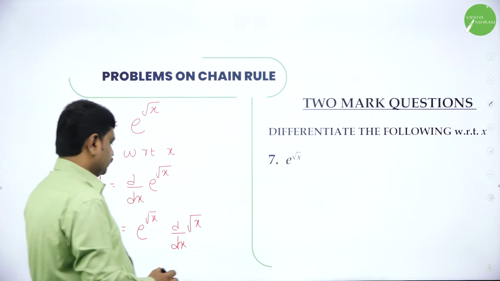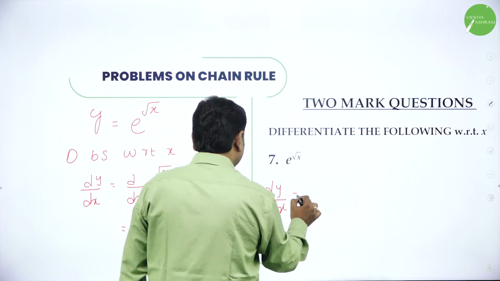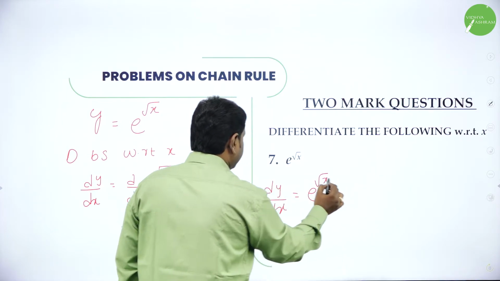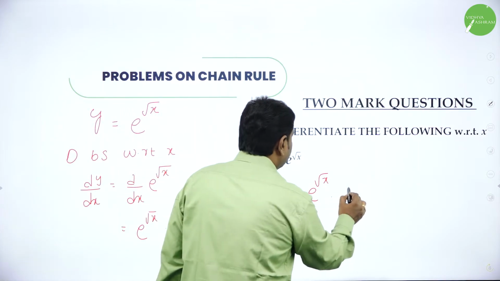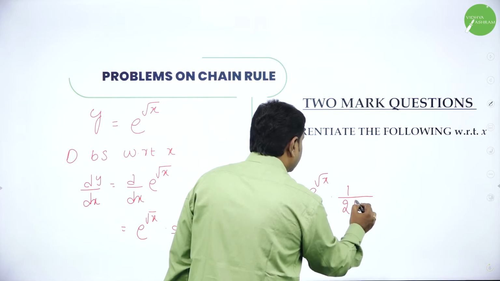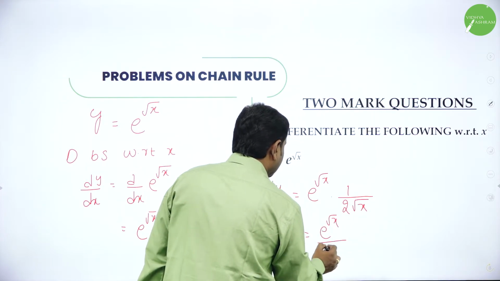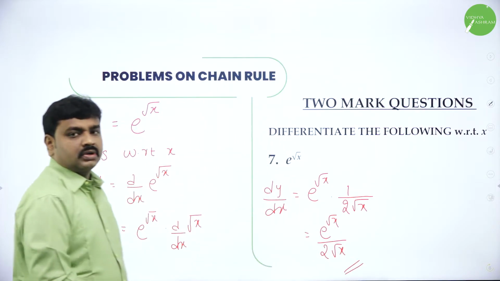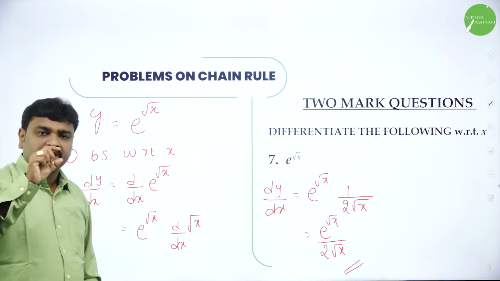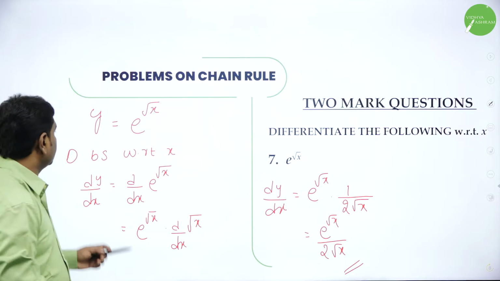Further simplified, dy by dx is equal to e power root x into, what is d by dx of root x? All of you know differentiation of root x is what? 1 by 2 root x. So multiply this, numerator becomes e power root x, denominator becomes 2 root x. This is the final answer. So derivative of e power root x is e power root x into d by dx of root x. d by dx of root x is 1 by 2 root x.